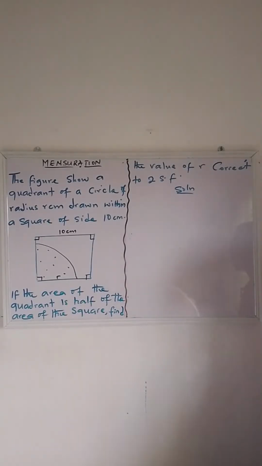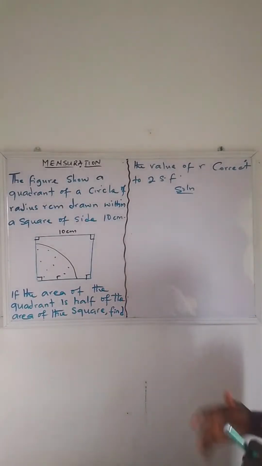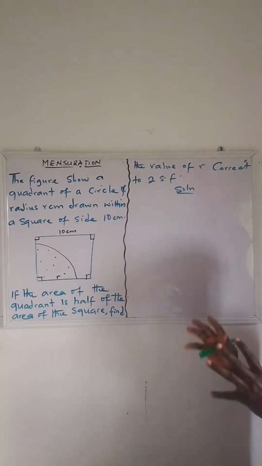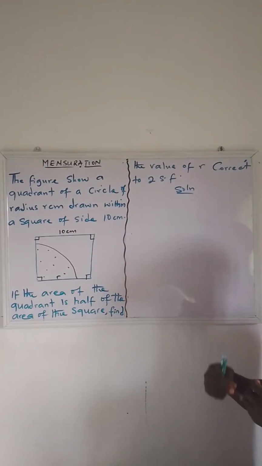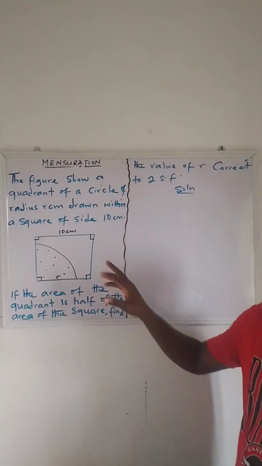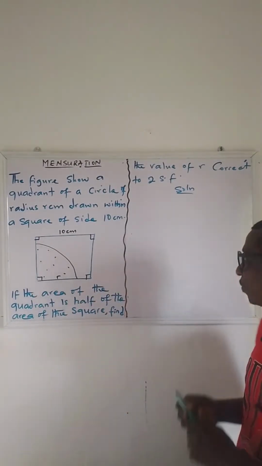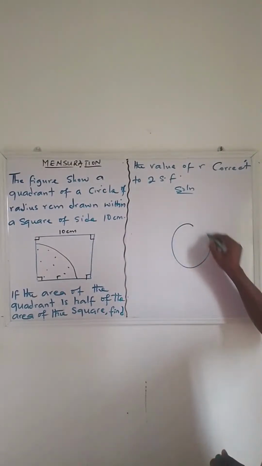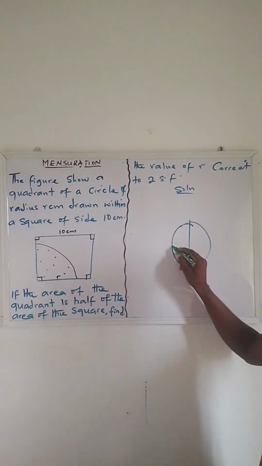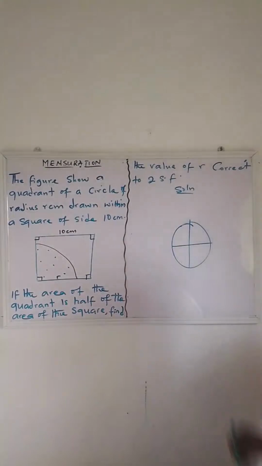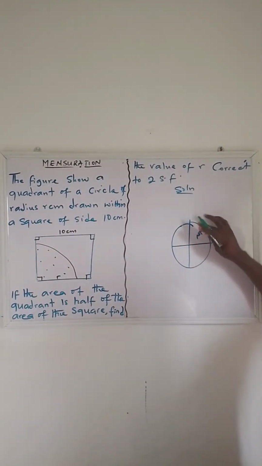Yes. Now, before I solve this problem, I must understand what the question is saying and what the question is asking for. The question is talking about a quadrant. I must know what a quadrant is. If you have a circle of this form and I divide it into 4 parts, this first part is a quadrant.